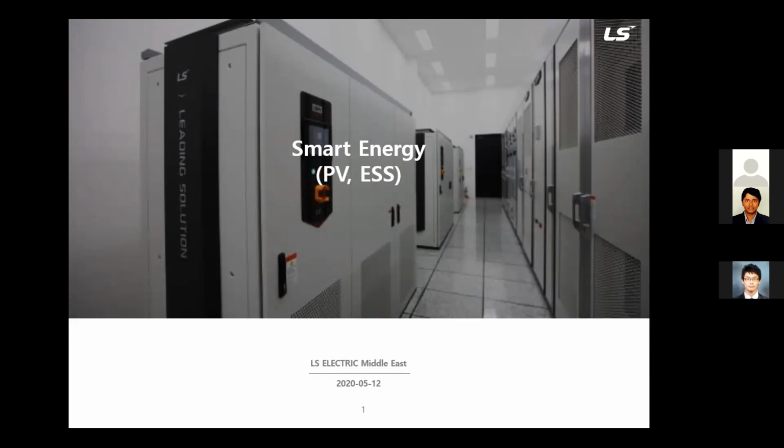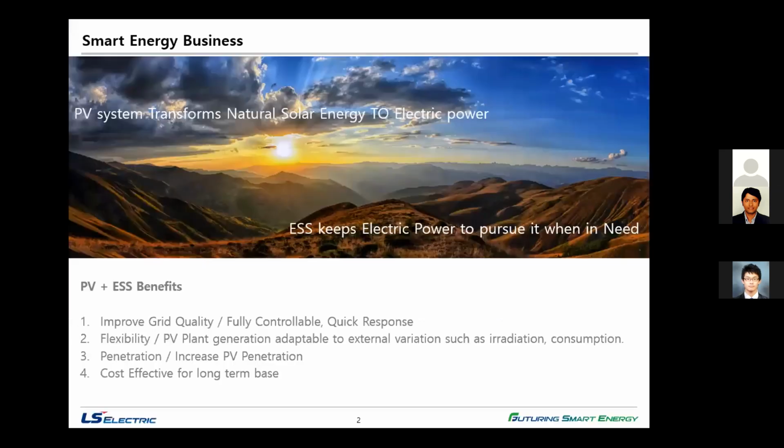Today, I will talk about LS Electric renewable energy solution, especially PV or photovoltaic and ESS or energy storage system. This is a simple philosophy about today's subject. Basically, the PV system transforms natural solar energy to electric power, while ESS or energy storage system keeps electric power to use it when it needs.